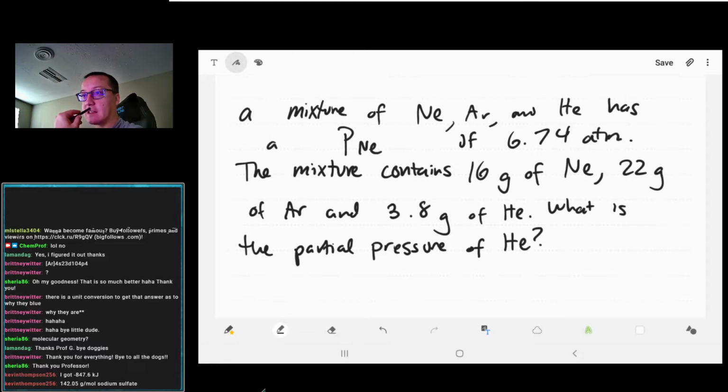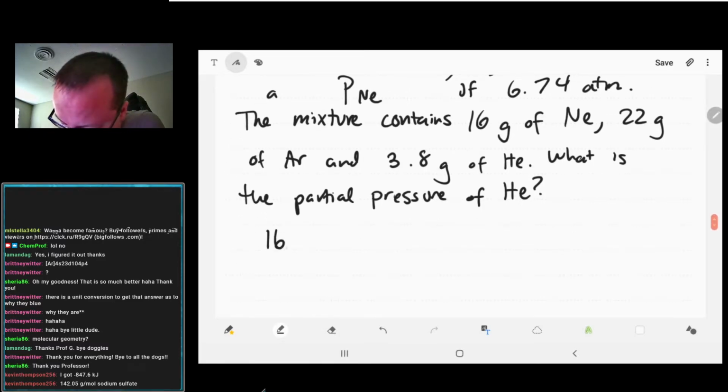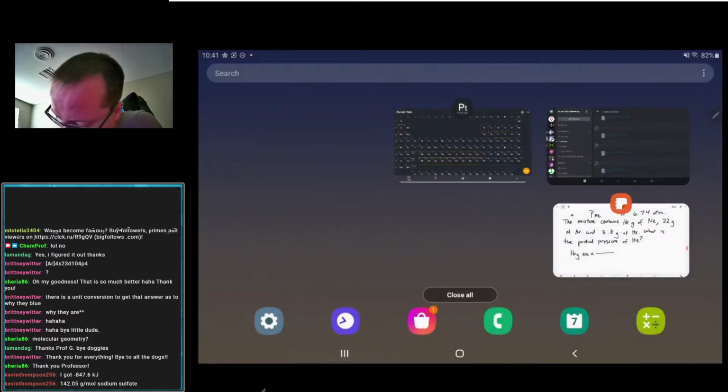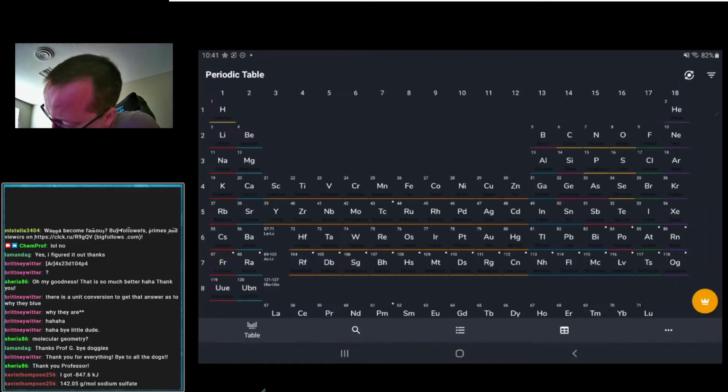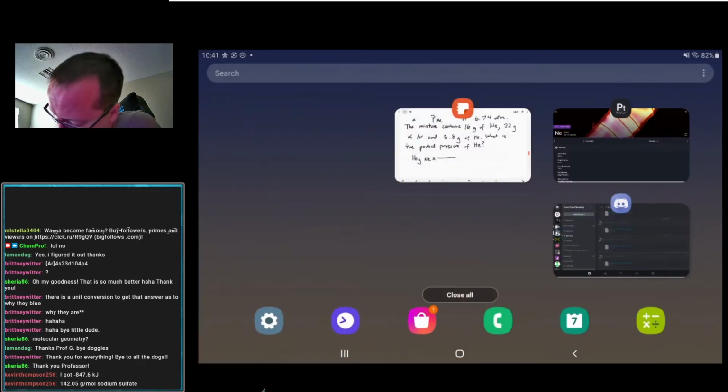Remember that gas mixtures are all about essentially the ratio of pressure to moles, right? So let's go ahead and convert these into moles so that we have everything in units we can deal with. So 16 grams of neon. Neon's atomic mass is 20.18.